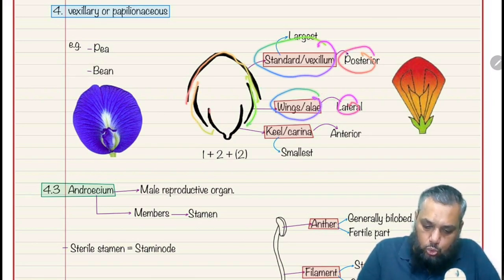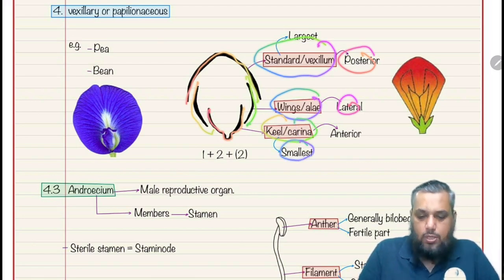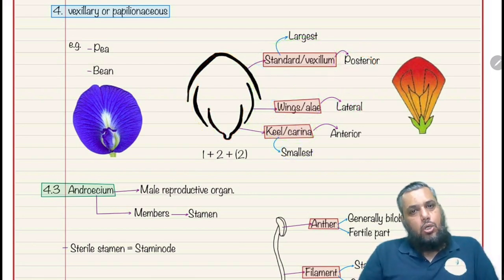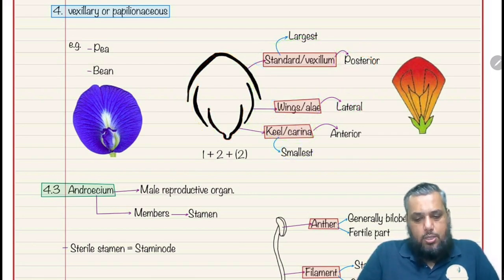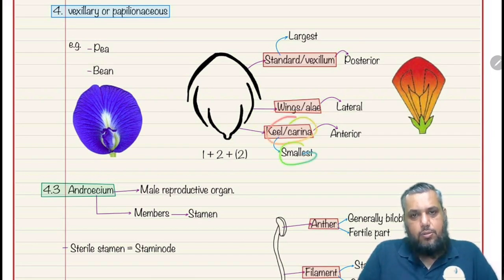And there are two which are fused called keel or carina, which are the smallest ones. Okay, so posterior most one is the largest, it is called standard or vexillum. Side के दो जो है lateral are called wings or alae, and the two which are fused are called keel or carina, which is the smallest.